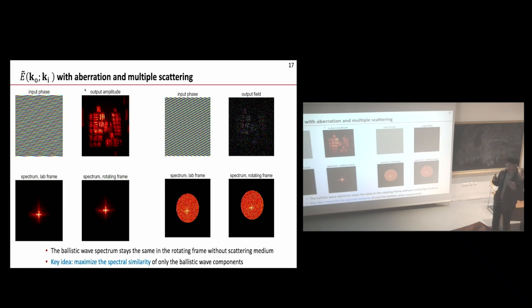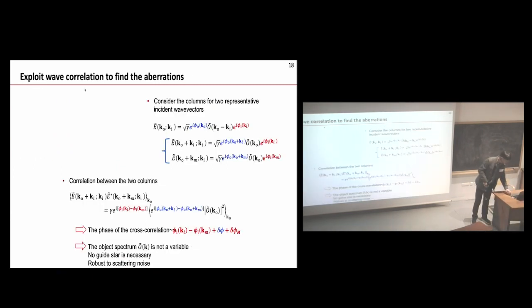So now we know what it is supposed to be: if there were no aberration, then the spectrum should be identical. So the idea of correcting or finding the aberration is to tune this in a way to maximize the similarity of the spectrum in the rotating frame. That is the conceptual idea.